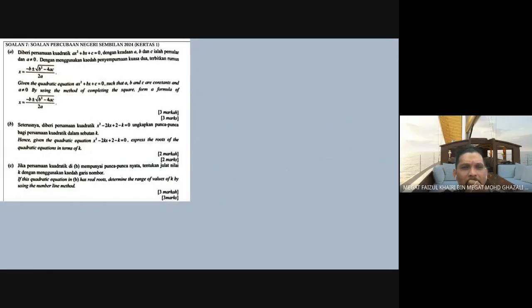Okay, given that for the equation a, b and c are constants, given that ax squared plus bx plus c equal to 0. So then find the formula of this. Okay, so then x squared plus b over a x plus c over a equal to 0.